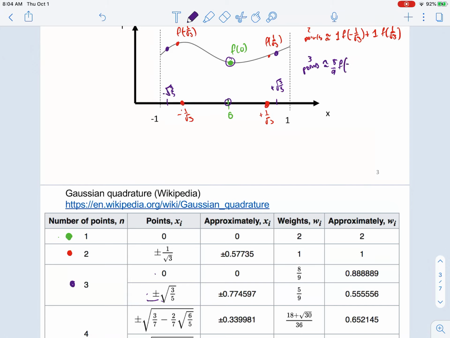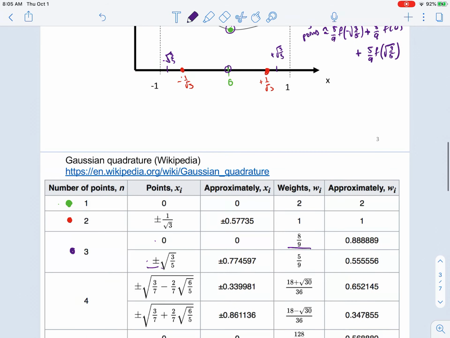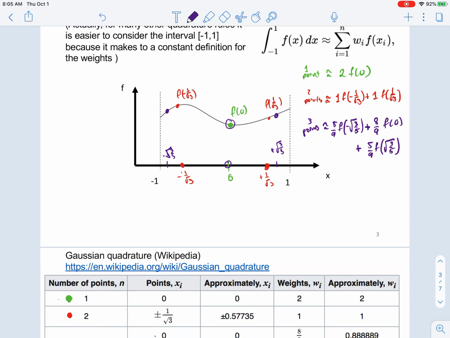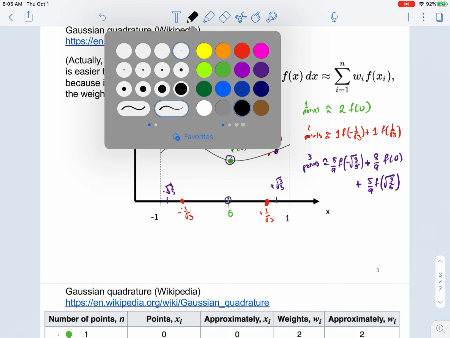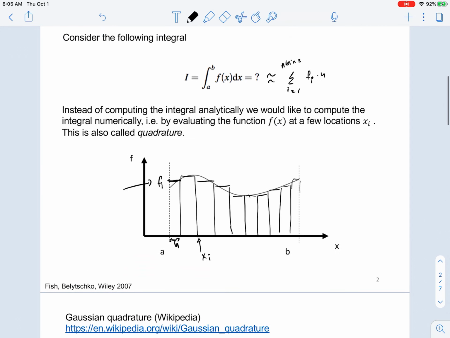So for 3 points, your best approximation is, and this point has weight 5/9, so 5/9 f at minus square root of 3 over 5 plus 8/9 of weight for the point at 0, so 8/9 f at 0, plus 5/9 f at plus square root of 3 over 5. And so on, depending on how many points you have, these are your best points.